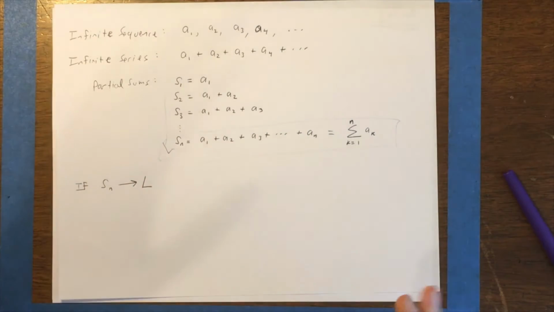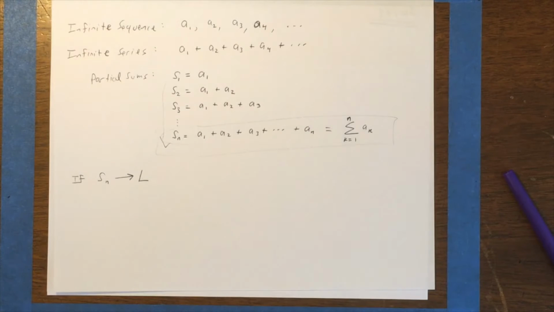So if Sn, the sequence of partial sums, approaches a finite value, which we're going to call L for limit, there's a little bit of calculus concept in here, around limits, that I'm not going to go into detail with. I'm just going to use this arrow to mean approaches.